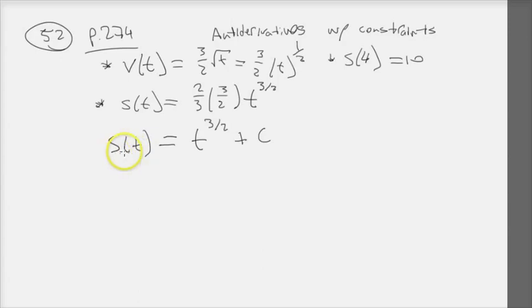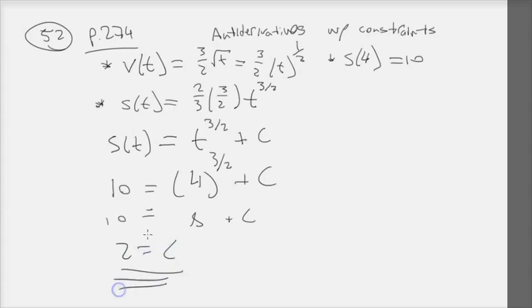And what we also have is when t is 4, s is 10. So let's make that t equals 4 right there. And we'd be able to say 10 equals 4 to the 3 halves plus c. And now 4 to the 3 halves is 8. And now this is a really simple equation. We subtract 8 over there.